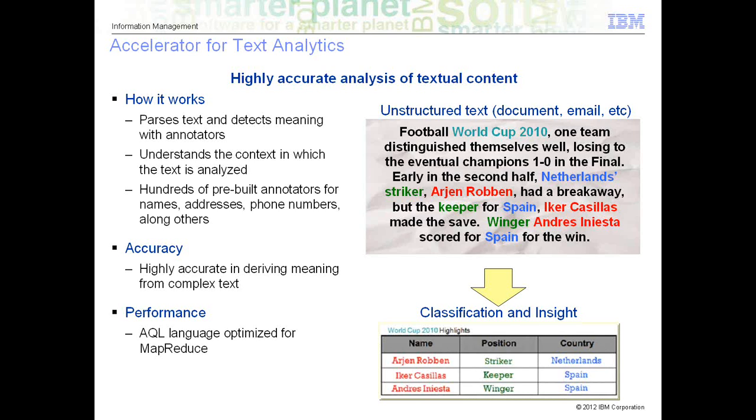So how have we been doing text analytics in the past? Traditionally, people have built various things on regular expressions. You write a lot of rules to identify various things with regular expressions and dictionaries.